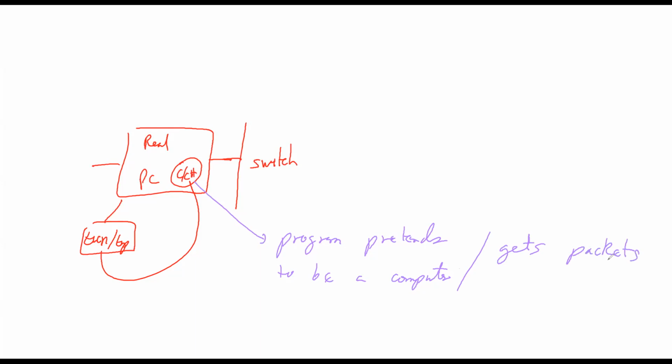Okay? And so we're going to use only one of the two interfaces. There's tune and there's tap. So really, we only need to use tune. We do not need to use tap.